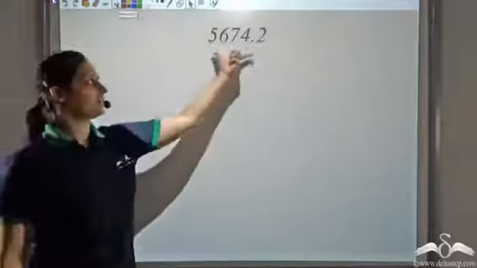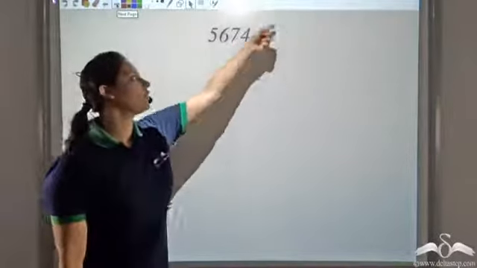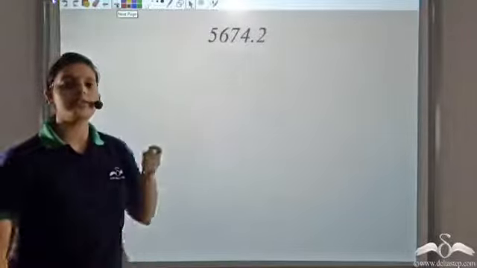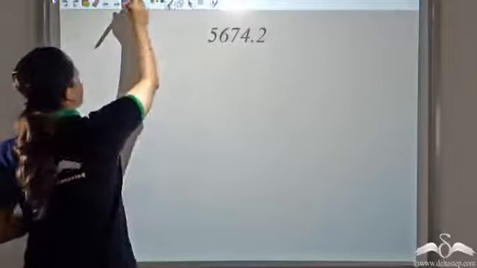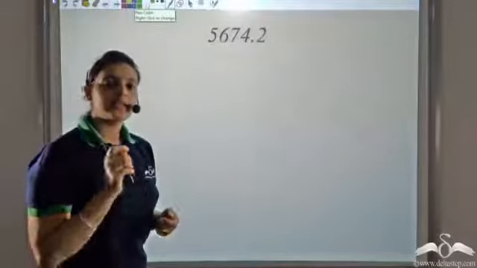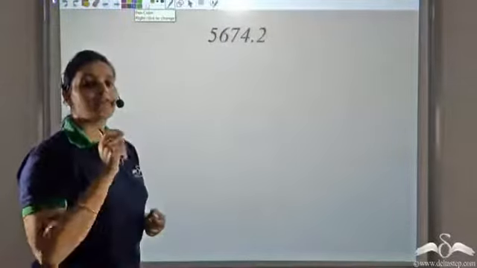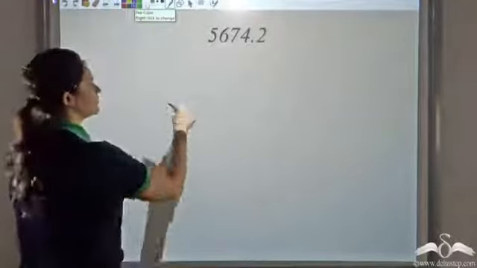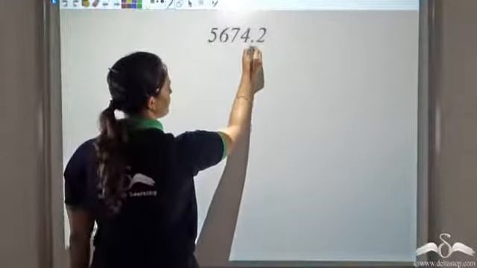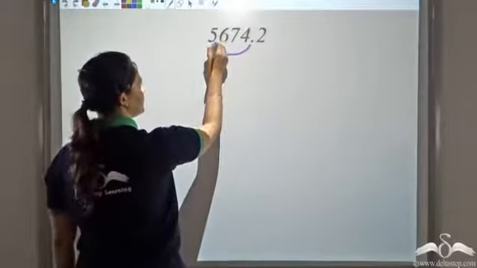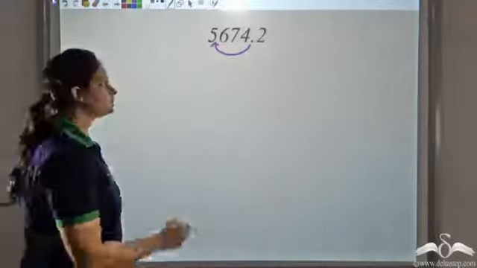Now let's see how we can express this number in scientific notation. The first part says that the decimal point should be after the first non-zero digit. The first non-zero digit is 5 here, so the decimal point should actually be here after 5.